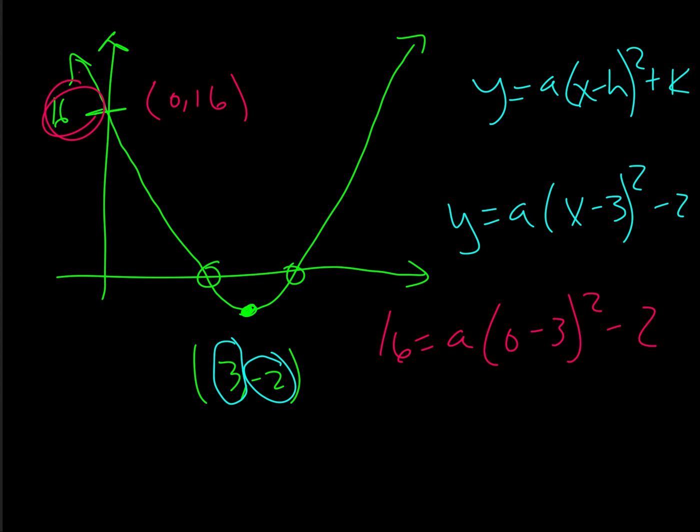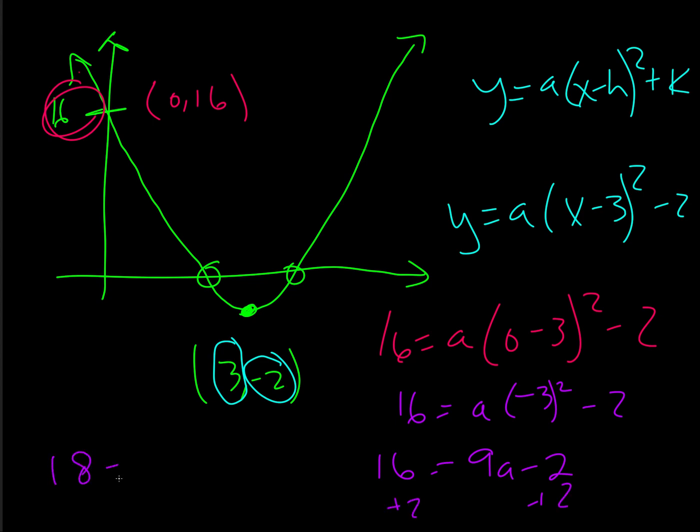Okay, now we just need to solve for a to figure out what we have. So this is going to be negative 3 squared, still got our a. Okay, negative 3 squared is going to be 9. And so this is 9a minus 2. And we add 2, add 2.